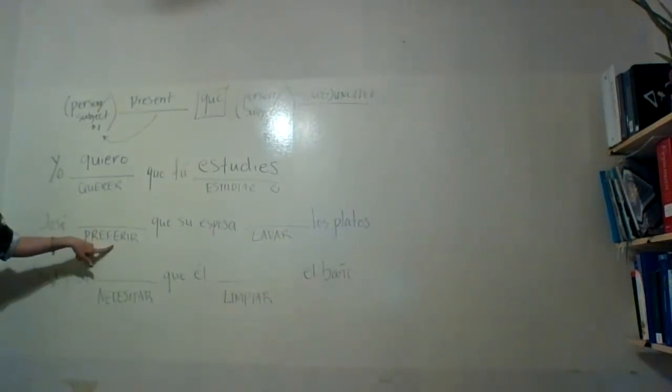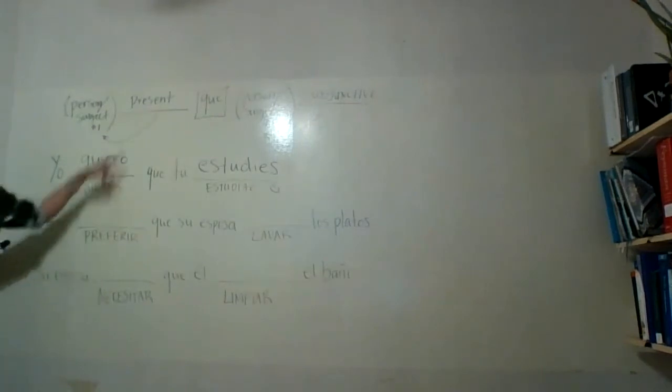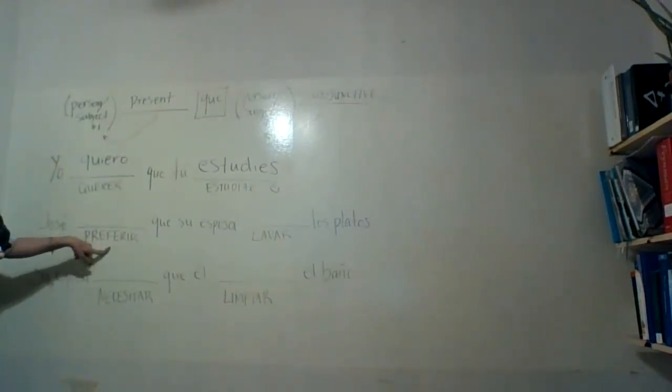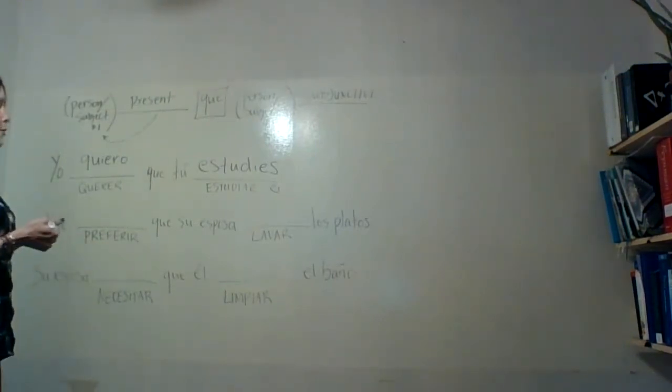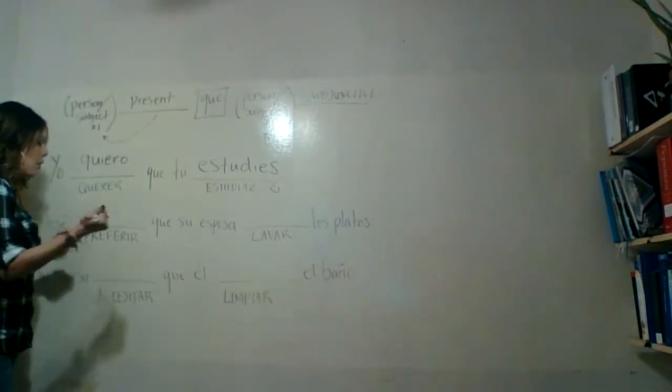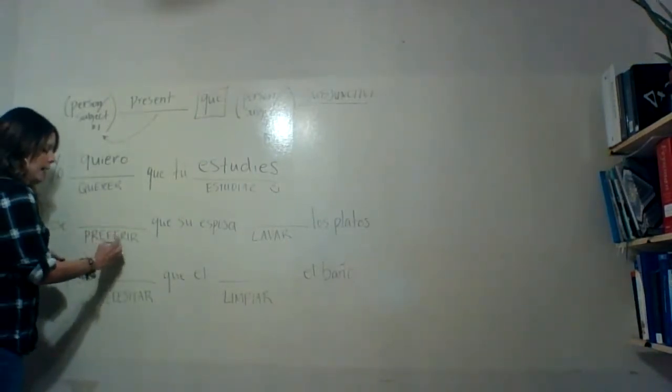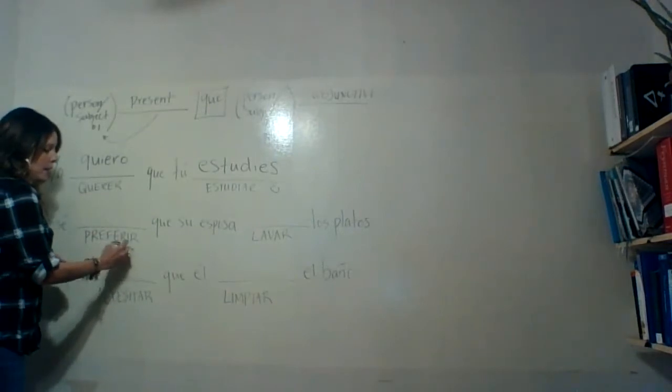We have the verb preferir now that we're going to put in the present tense. We have to remember something from Spanish 1. The verb preferir is an E to IE stem change verb. So this E right here is going to change.